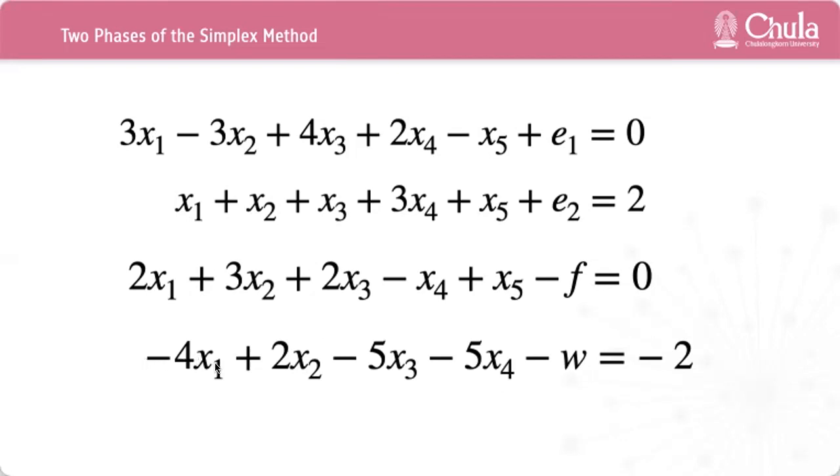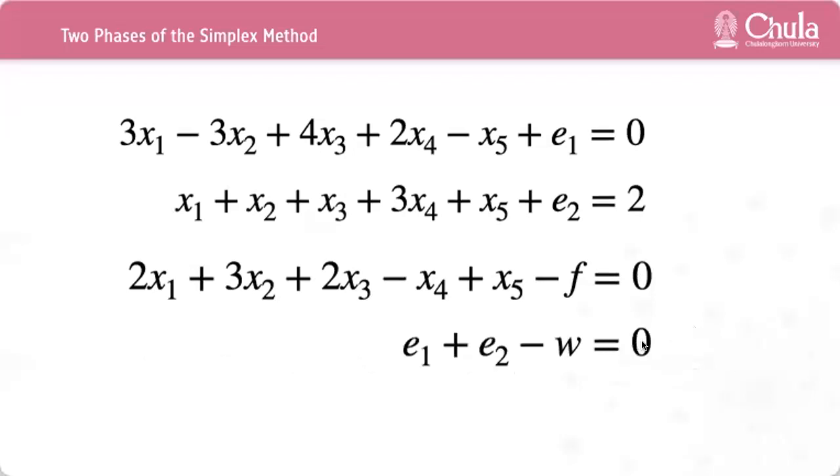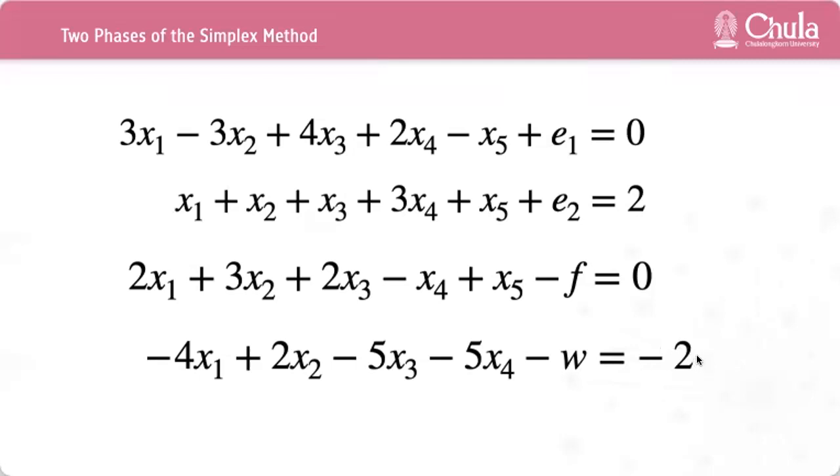Minus 4x1 plus 2x2 minus 5x3 minus 5x4 minus W, and the right hand side becomes minus 2.